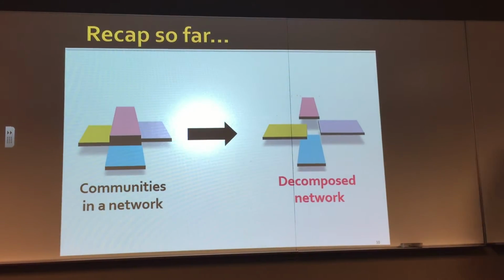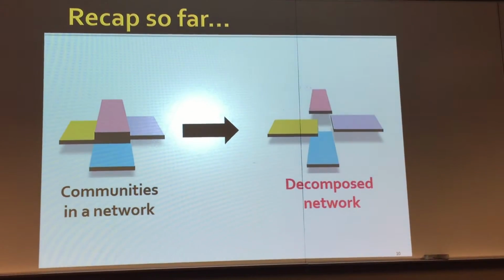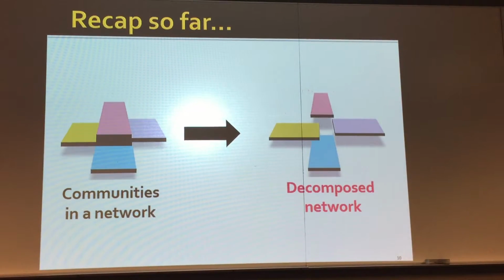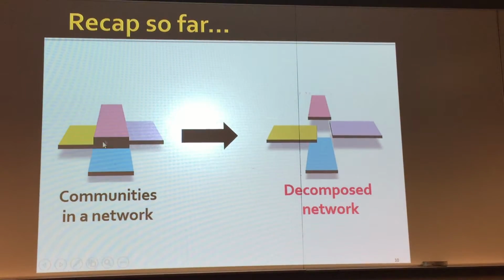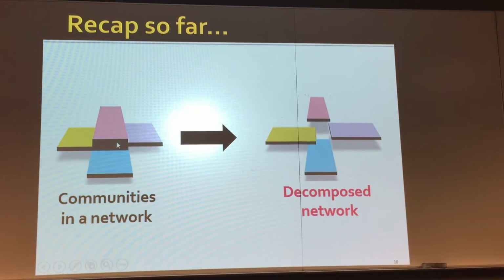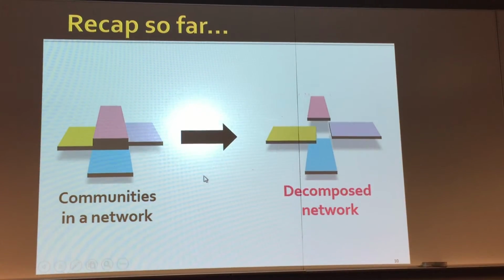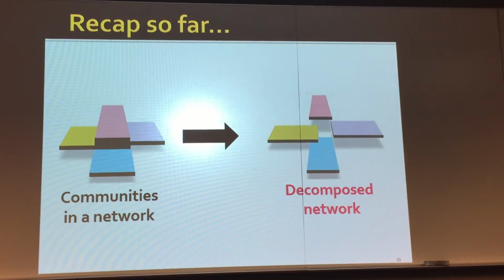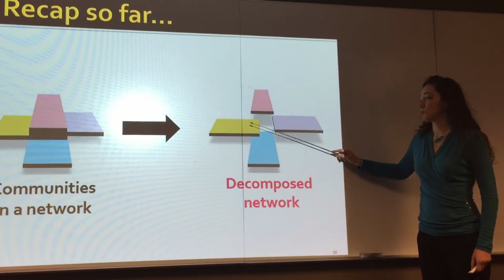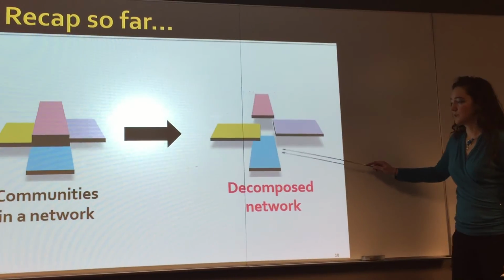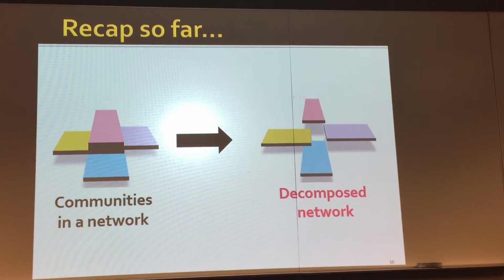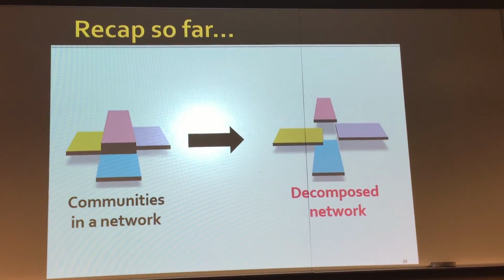The more groups overlap in a certain region, the thicker the tiles are. In other words, there are more edges between the nodes in the network. What we want to do using this view is take out these tiles one by one and decompose the network, because we're looking for communities. Each one of these tiles will represent one community, so we want to take the tiles out one by one from the network.